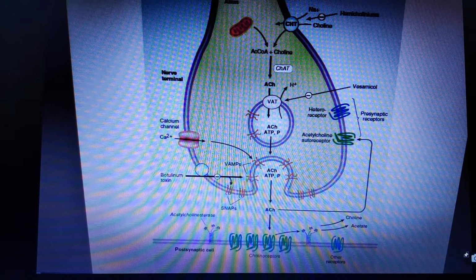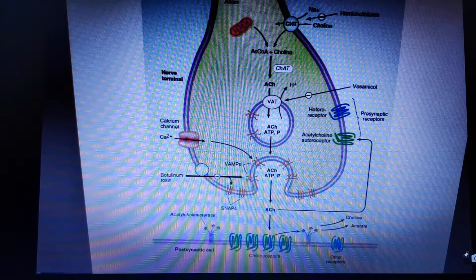So hemicholinium and vesamicol are basically anti-acetylcholine drugs or anti-cholinomimetic drugs. Once the acetylcholine is in the vesicle, its release can be inhibited by botulinum toxin, and so this function of acetylcholine is also inhibited.